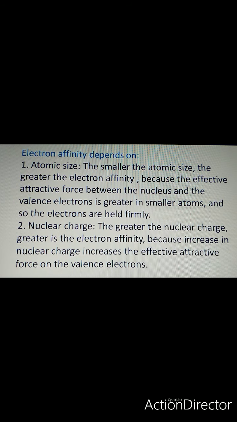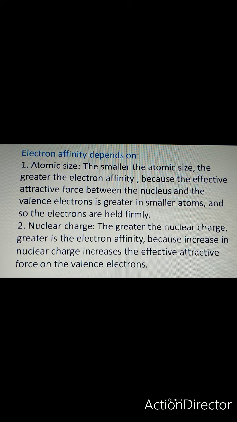Electron affinity also depends on atomic size and nuclear charge. The smaller the atomic size, the greater the electron affinity, because the effective attractive force between the nucleus and the valence electron is greater in smaller atoms. So the electrons are held firmly in smaller atoms.